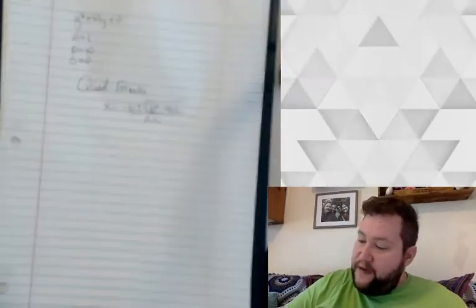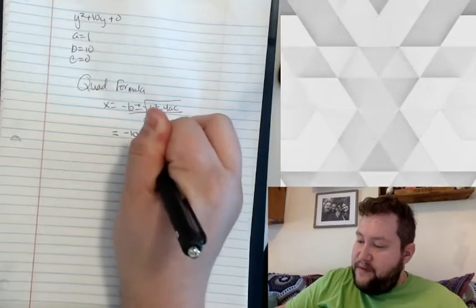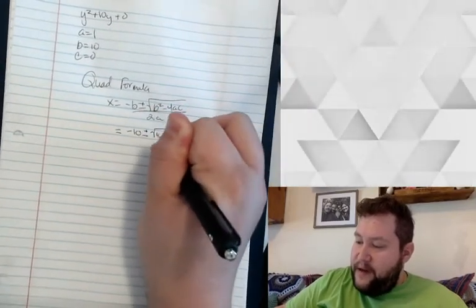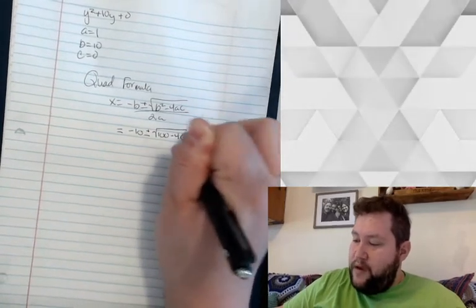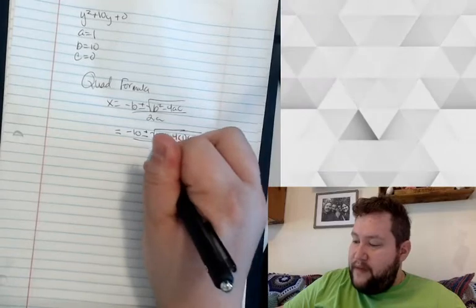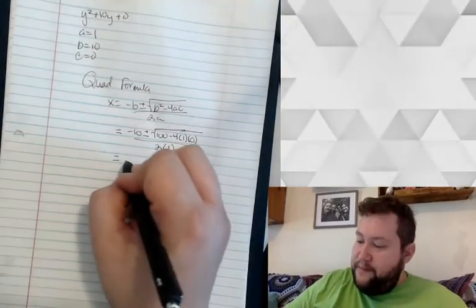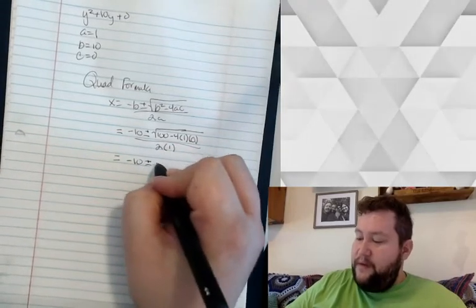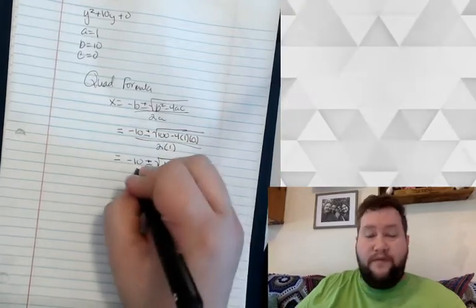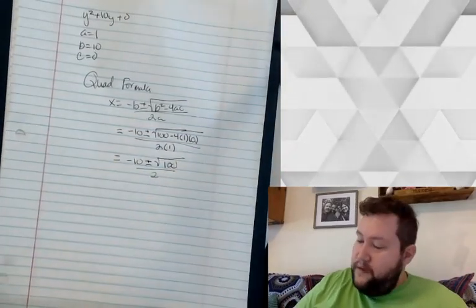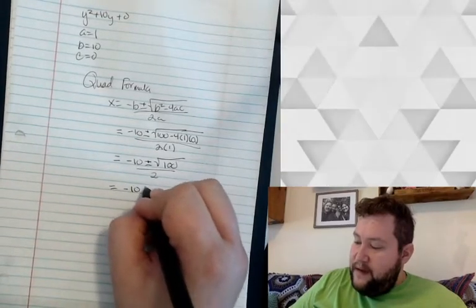And if we substitute each of those, x equals negative 10 plus or minus the square root of 100 minus 4 times 1 times 0 all over 2 times a. And so that equals negative 10 plus or minus the square root of 100 minus 0 over 2. So that gives us negative 10 plus or minus 10 over 2.